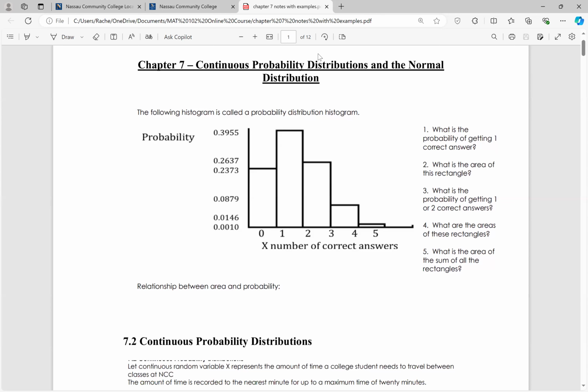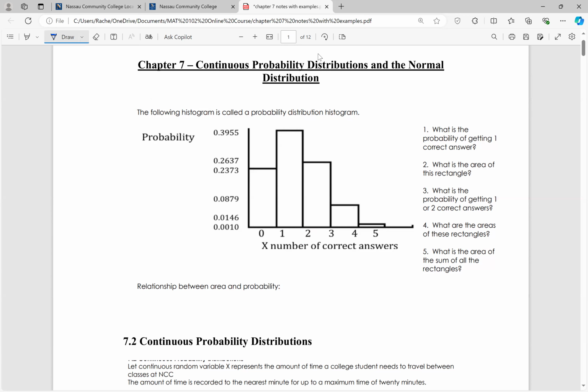Let's say that somebody gets on a test. So we have the probability on the vertical axis, and X on the bottom is the number of correct answers. And it looks like it got misaligned a little bit. So the first rectangle should have a 0 under it. 1 is under the next rectangle. 2 is under this rectangle, so on and so forth. It looks like it just got a little shifted.